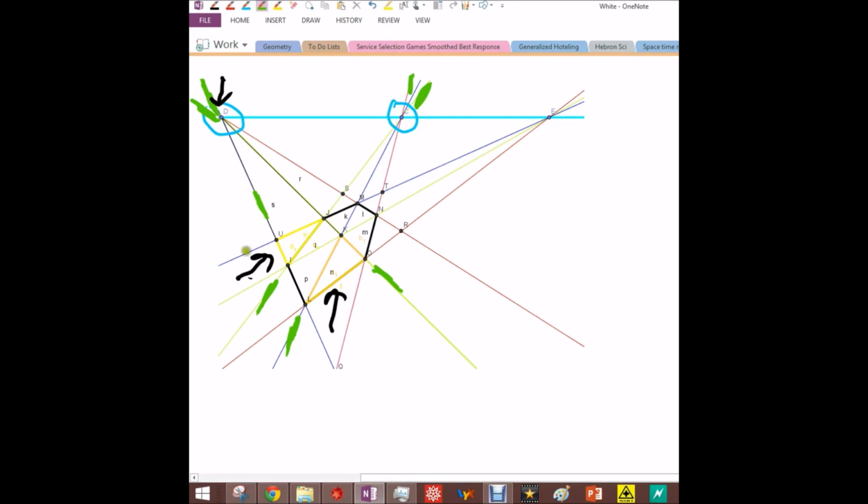If we look at this side of the triangle, we have this line here, which is this line here. Sorry. And finally, if we have this bottom line of this orange triangle, that's this red line here, which is this red line here. And so we also get this point here.